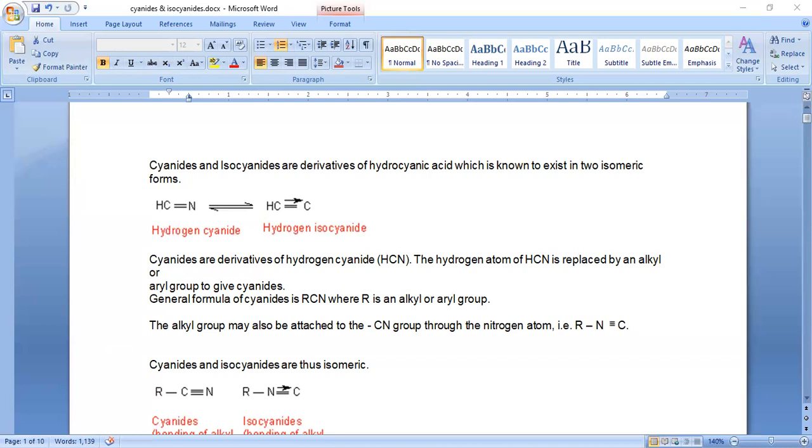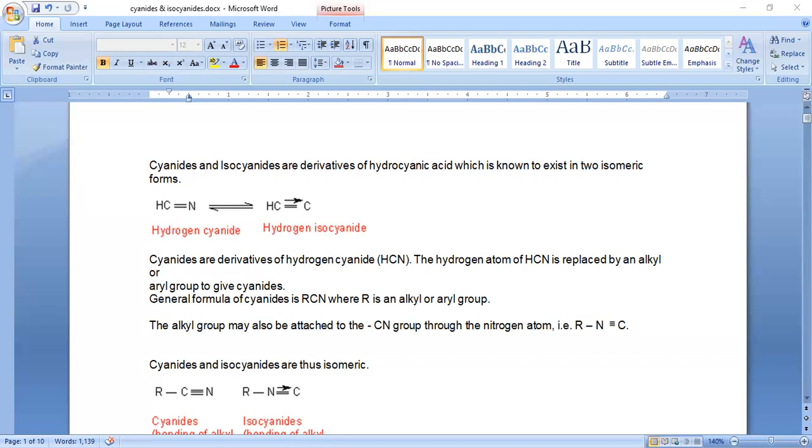So the hybridization is the same in cyanides as well as in isocyanides. Carbon undergoes sp hybridization in both cases. But the exception is that in isocyanide, carbon participates in the ground state electronic configuration, whereas in cyanides it participates in the excited state electronic configuration in bond formation.